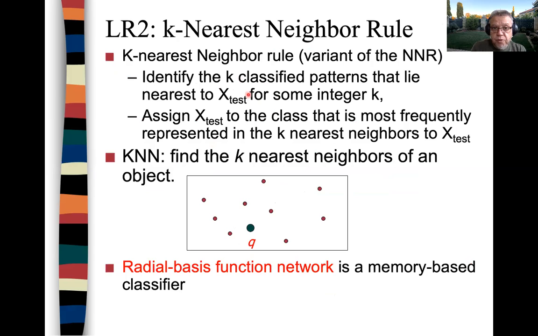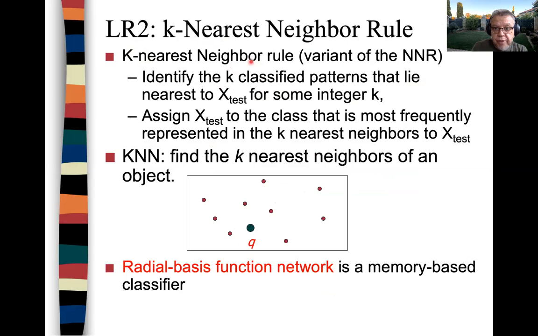So that was the nearest neighbor. Now the K nearest neighbor, for example, the 5 nearest neighbor or the 7 nearest neighbor. K is an integer, so it can be, for example, 5.